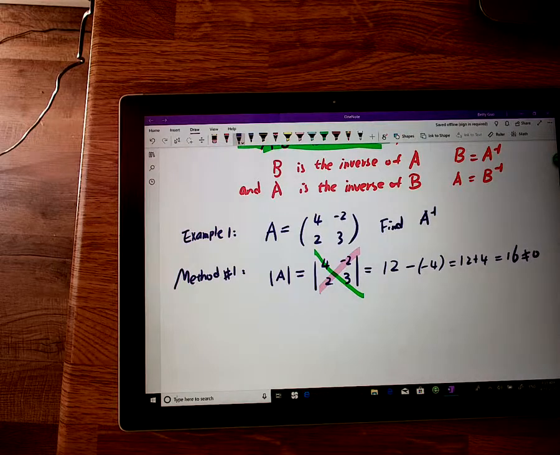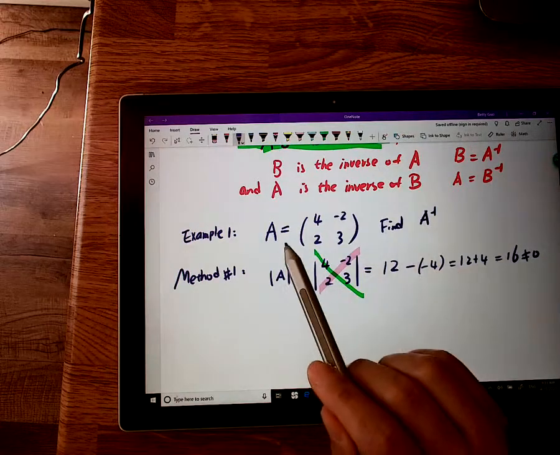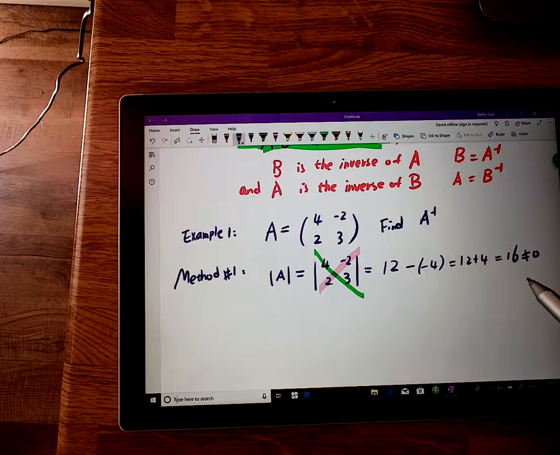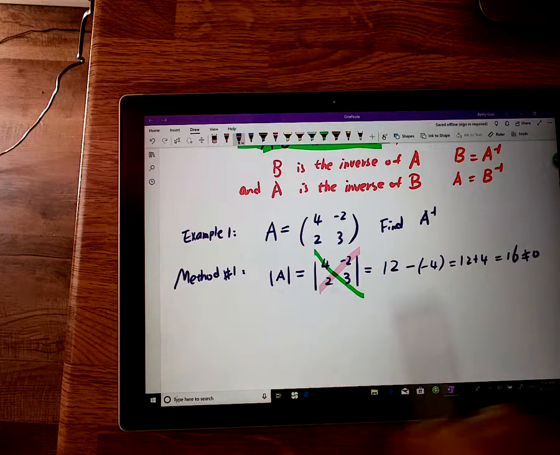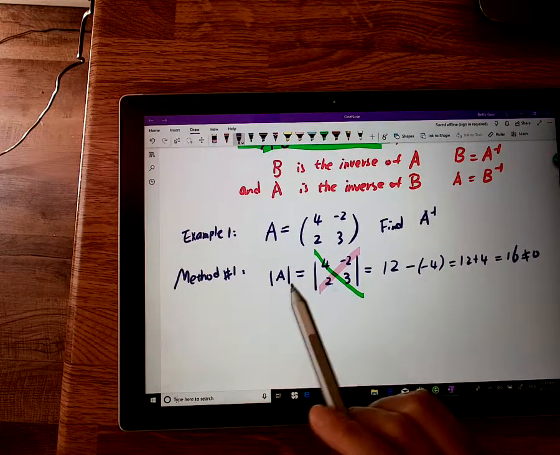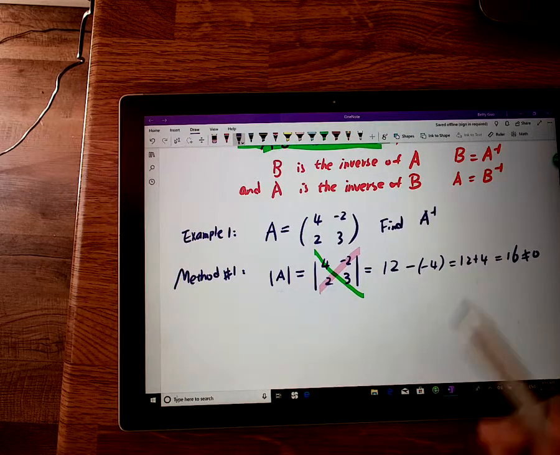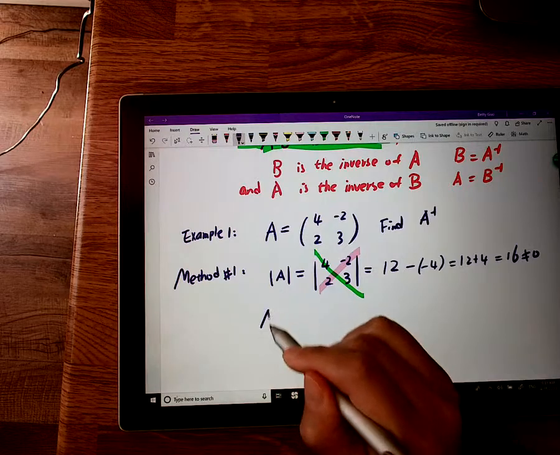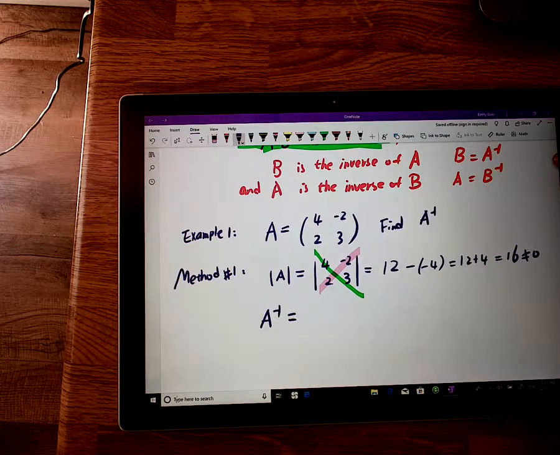It is non-zero, which means the inverse of A does exist. We also need this value. Either way, we have to compute the value of the determinant of A first. And then A inverse is going to be like this.